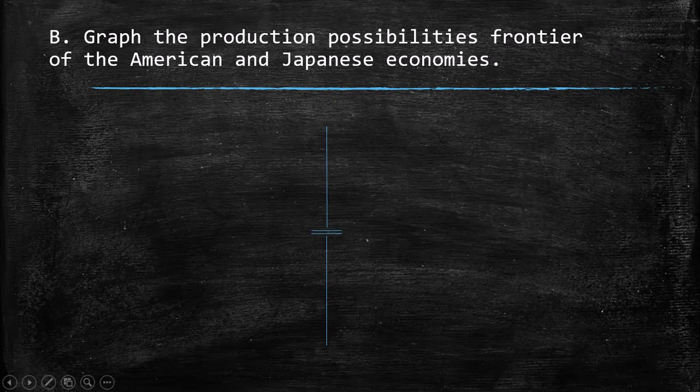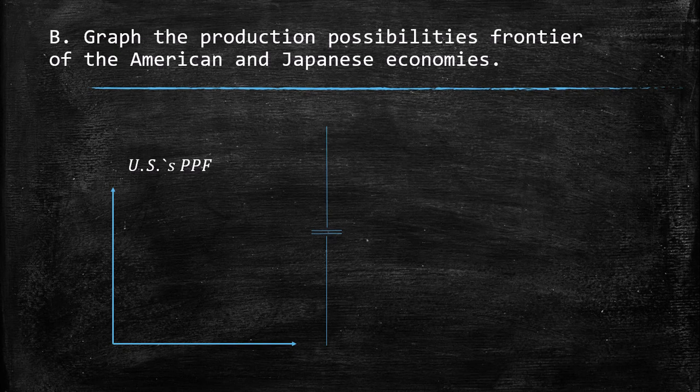So part B says, graph the production possibilities frontier of the American and Japanese economy. Here is the US production possibilities frontier. On the Y axis we have the grain, measured in millions of tons, because I'm already taking into account the 100 million people. Here we have the cars.